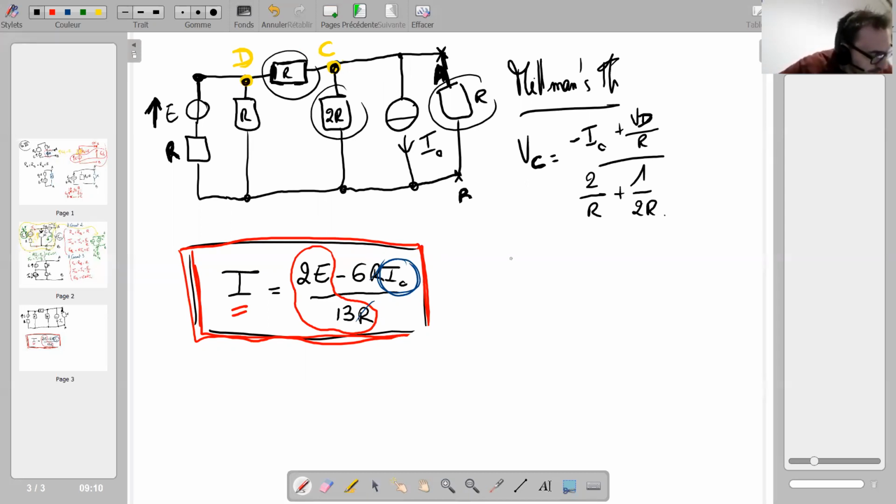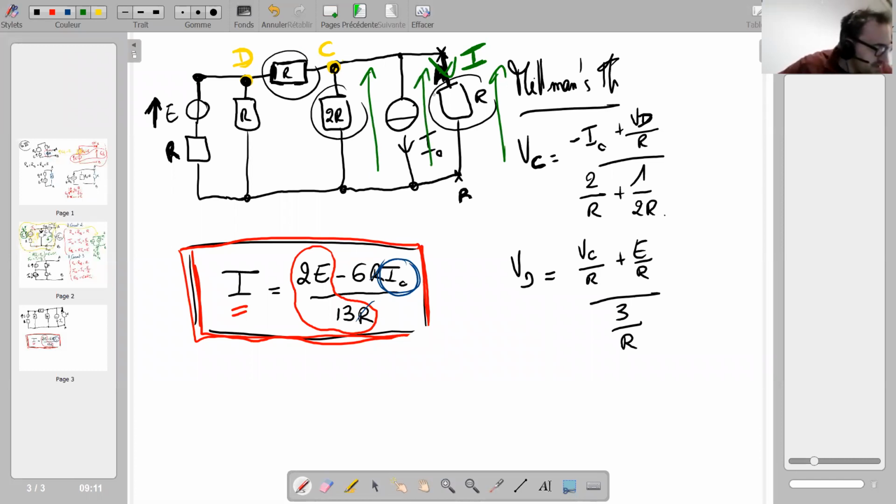So now VD, if I apply Millman here, this gives me VC over R plus E over R, over 3 over R. And also, because again, the question is about the current here, VC, which is this voltage, equals R times I. And with this, you're good.